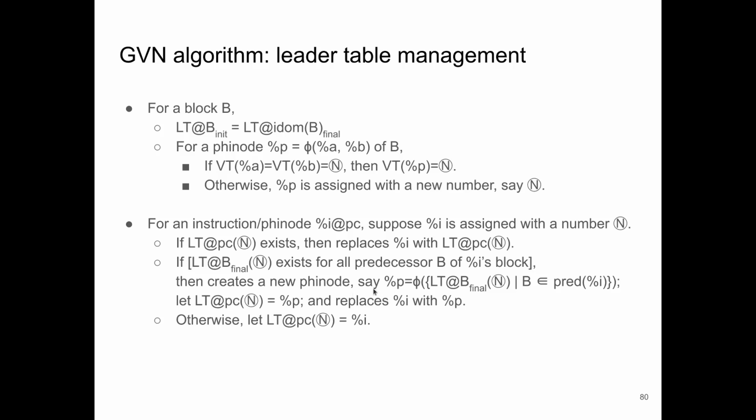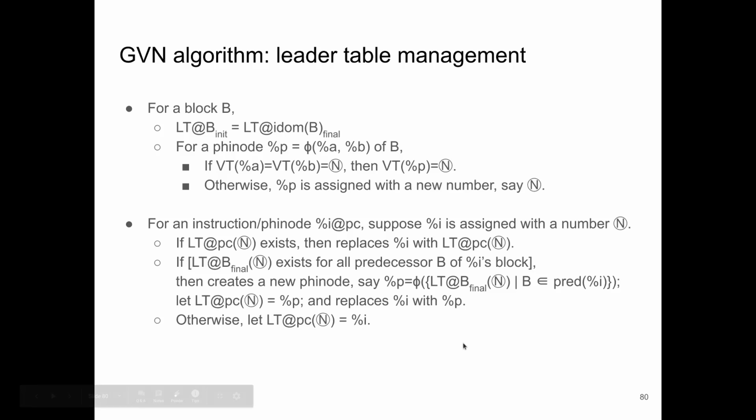And otherwise, if there's no such existing value with the same number, then we are going to just declare that the instruction or phinode just declared so far is the leader value at the time of this program counter, because it's a new value. No existing value had the same value, so that's the reason why we are going to execute this. Then if it is the case, then the leader table should be assigned with itself.